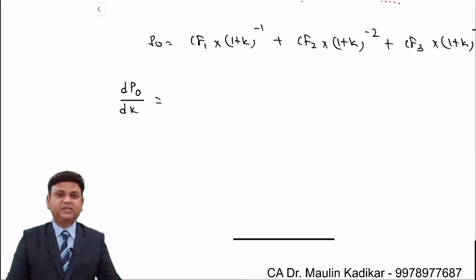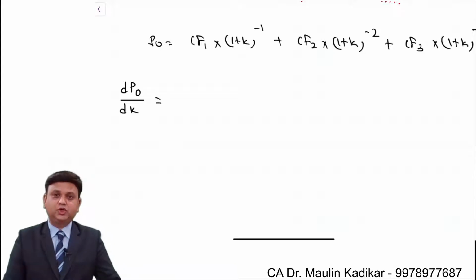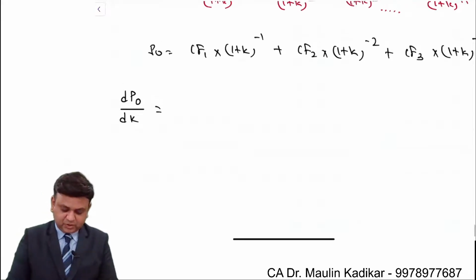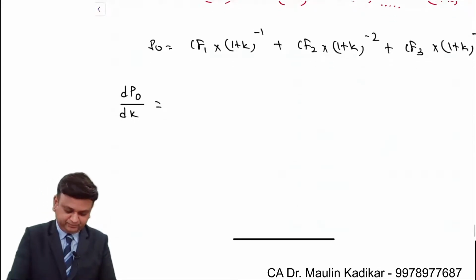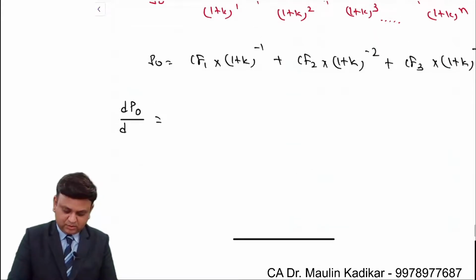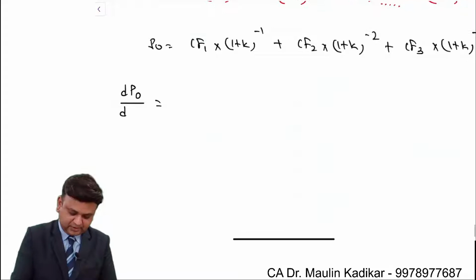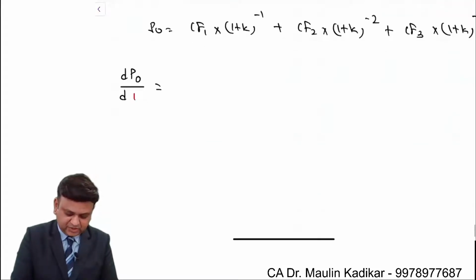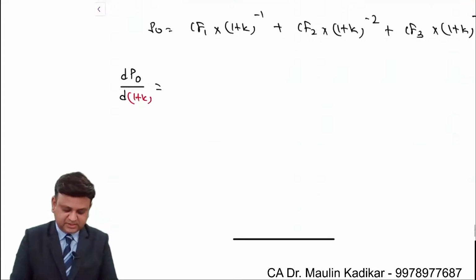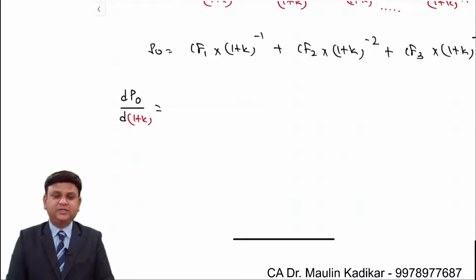It means what is the change in the price due to change in the required rate of return is required to be found over here. So over here, differentiation of the cost of capital. So it is 1 plus k. So friends, what will happen?